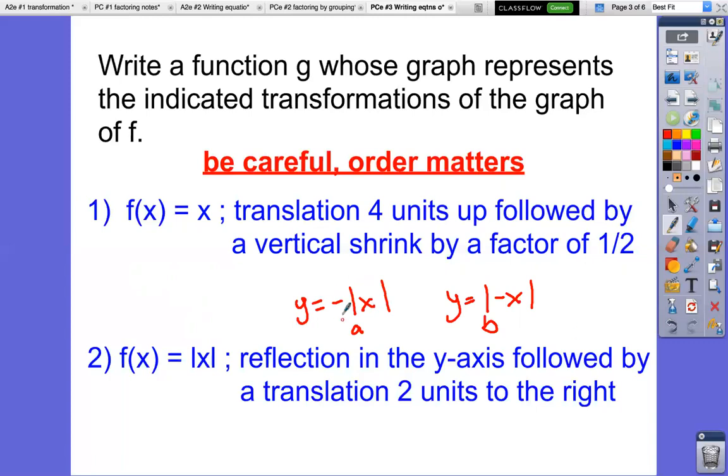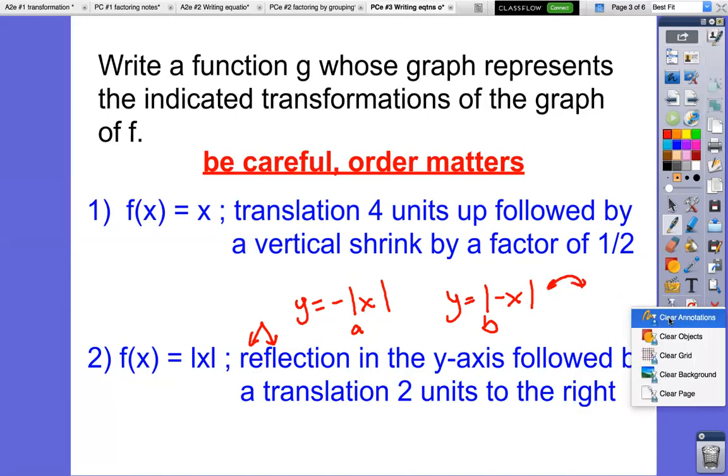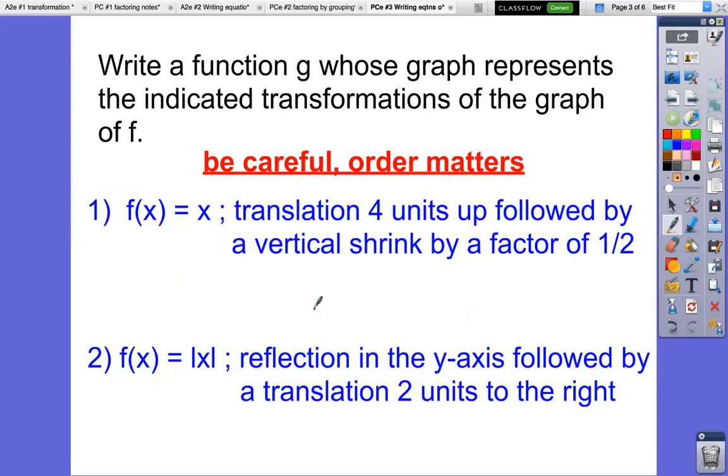So if it's negative out front, what does that do? Over the x-axis. Yeah, so A flips it upside down. That's a reflection over the x-axis. B, if the opposite is inside, that's a reflection over the y-axis, which essentially kind of just flips it around, okay? Now, again, I'm going to show you this a couple times, so you have to do it one at a time.